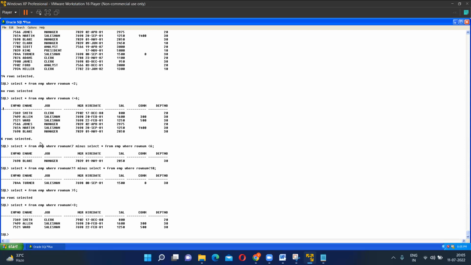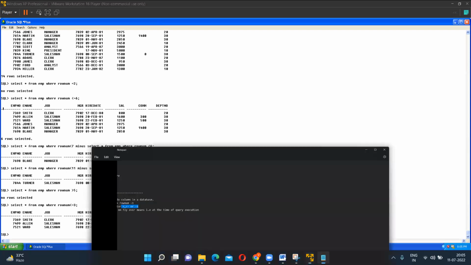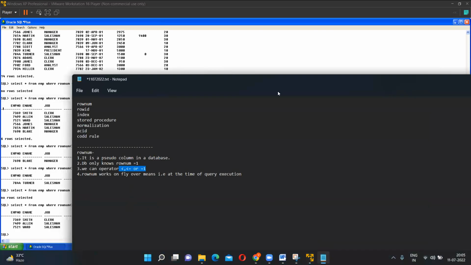If you are clear about Rownum, the next topic I wanted to take is row ID. So what do you know about row ID, Kirti? What is a row ID? Anyone know? It generates a unique ID for each and every record.